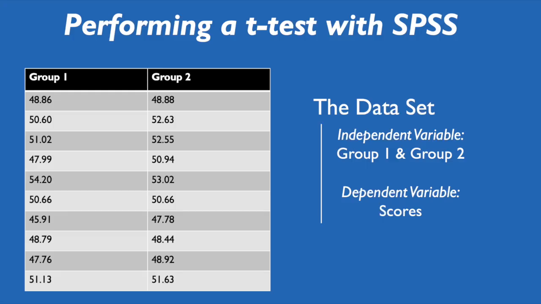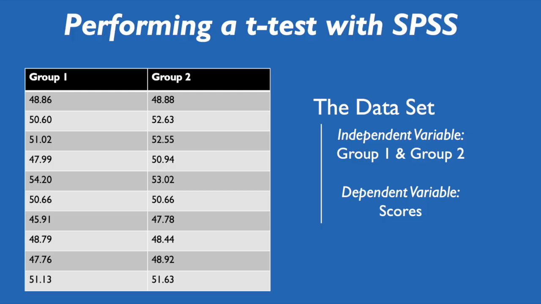So once you get SPSS downloaded and all set up, we are now going to start with performing a t-test. And actually, before we get into performing the actual t-test, we need a data set to perform the t-test on. So here is just a data set I found online, with group 1 and group 2.